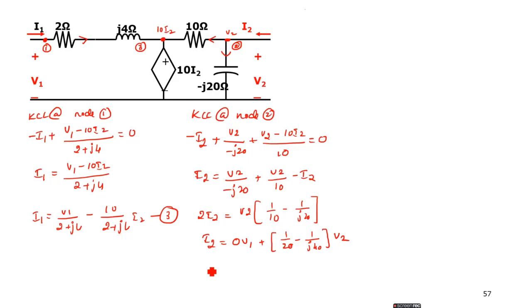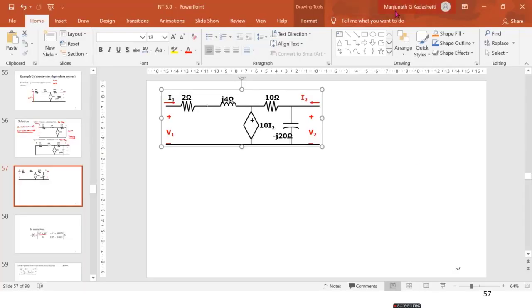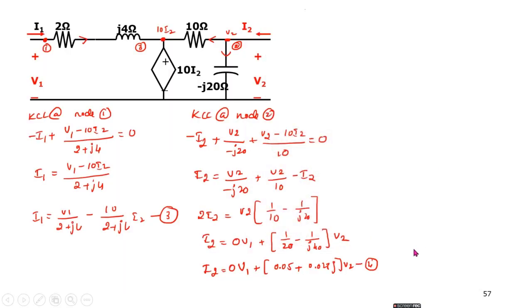Have we got this as I2 equals 0 V1 plus 0.05 plus 0.025 J into V2? Call this equation number 4. Do you have any doubt till equation number 4? Good.